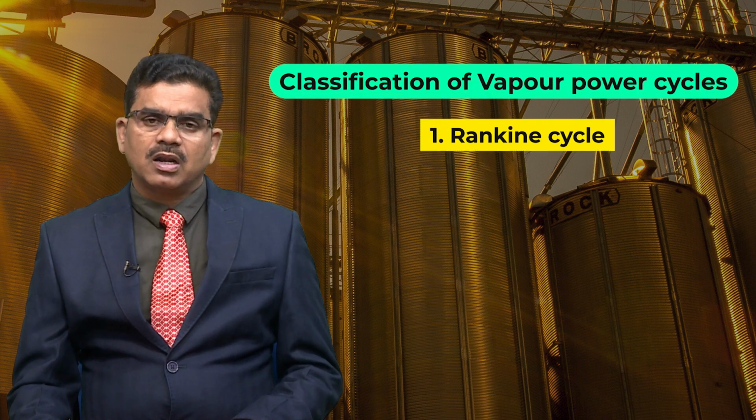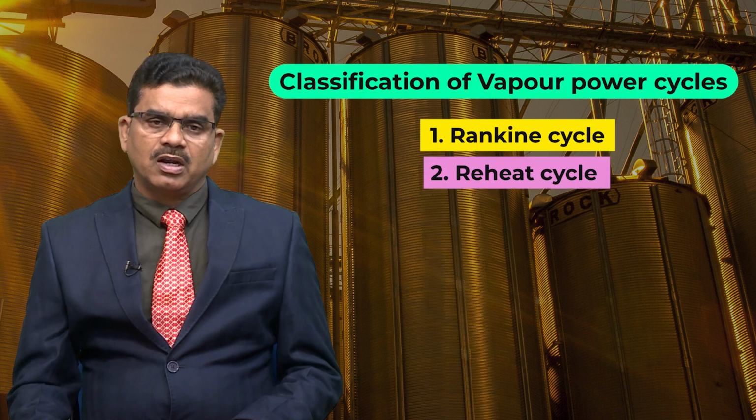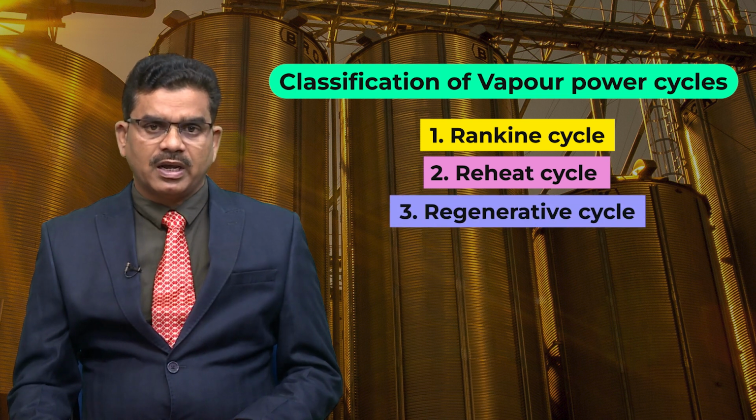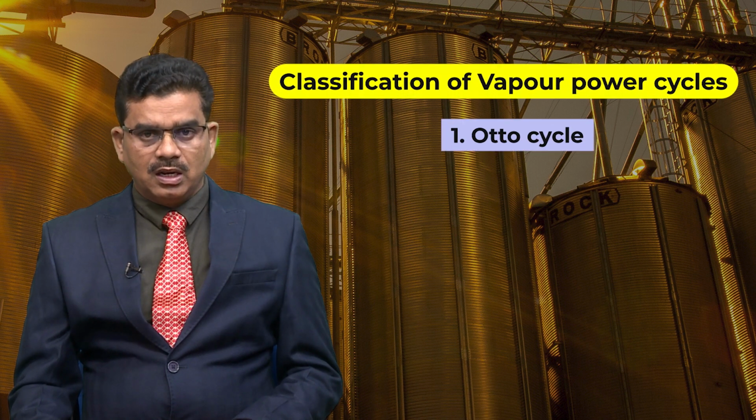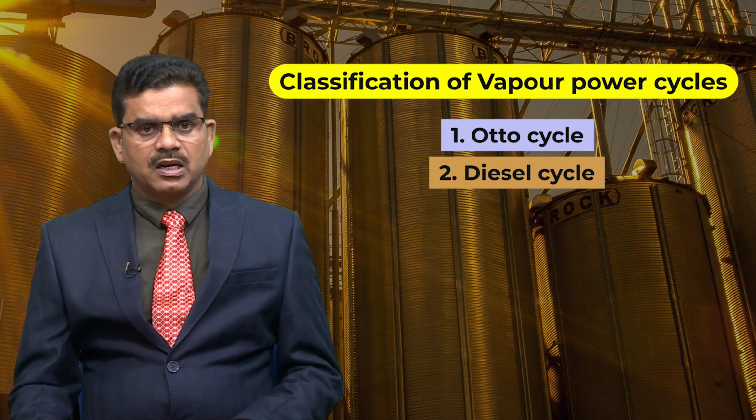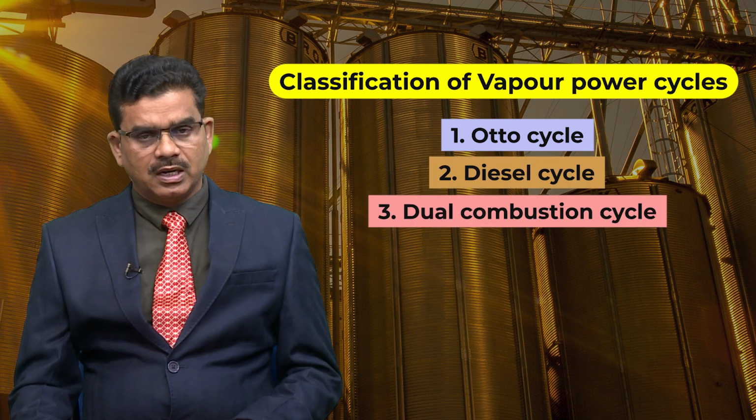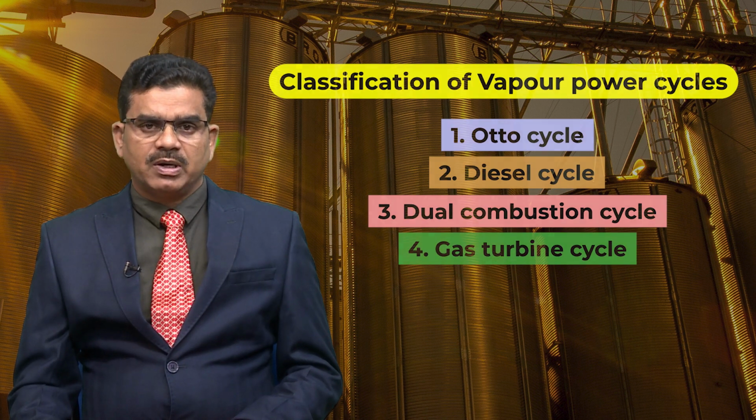On the basis of vapor power cycle, we can subclassify into four categories: number one, Rankine cycle; number two, reheat cycle; number three, regenerative cycle; and number four, binary vapor cycle. Whereas the gas power cycle can also be subcategorized into four categories: number one, Otto cycle; number two, diesel cycle; number three, dual combustion cycle; and number four, gas turbine cycle.